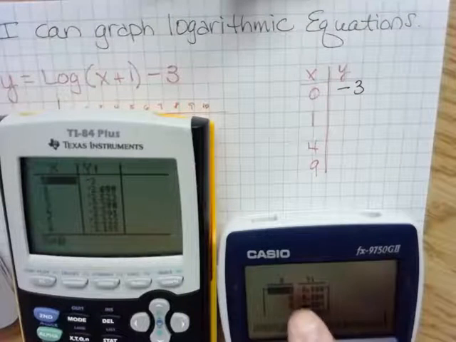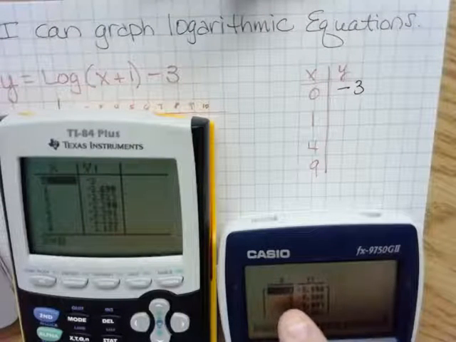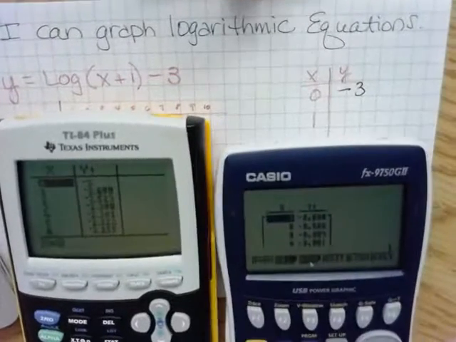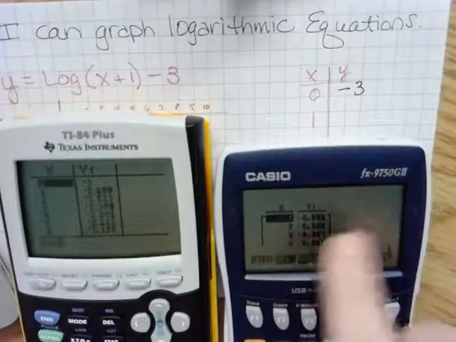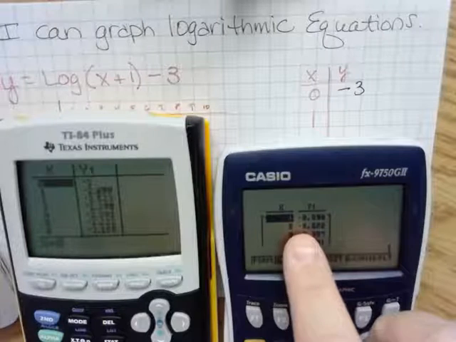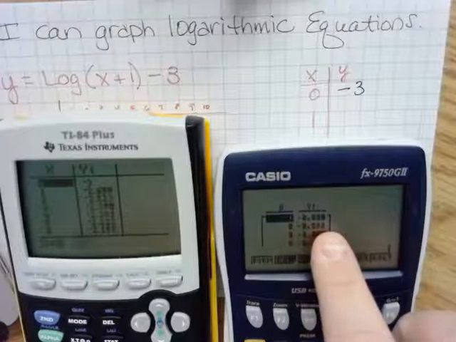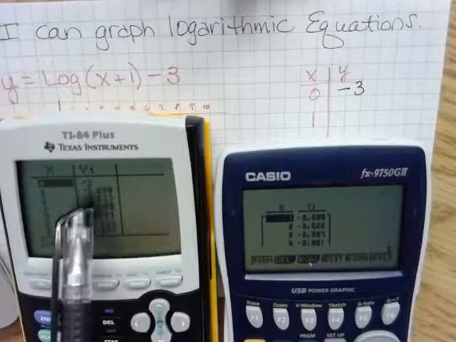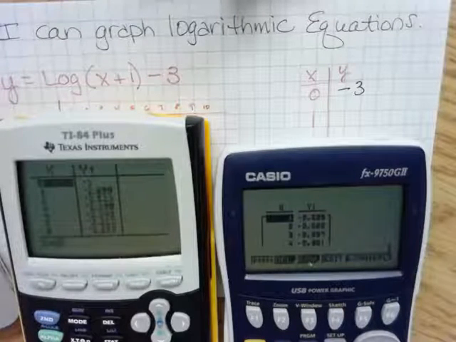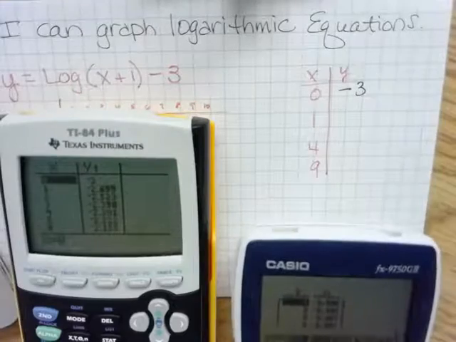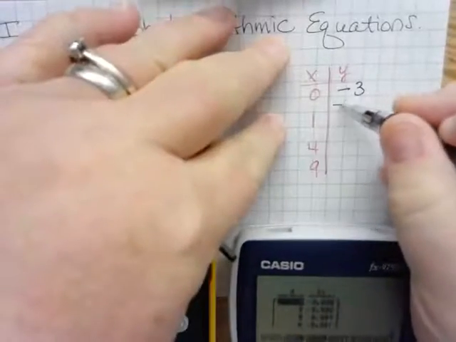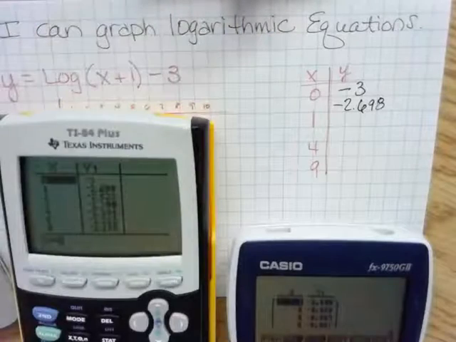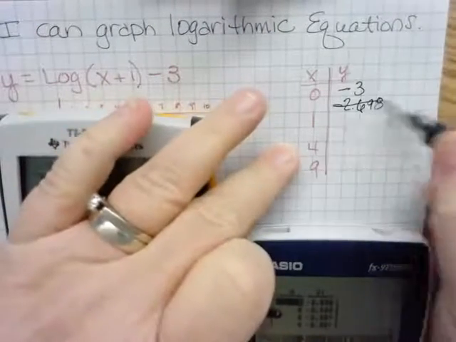And in the Casio, if the number is not showing up, I can just type it. Notice that right here, it says x equals 1 and y equals negative 2.698. If you're looking closely, you notice that the TI says negative 2.699. Those are just rounding differences. Okay, so negative 2.698 is fine for x equals 1.